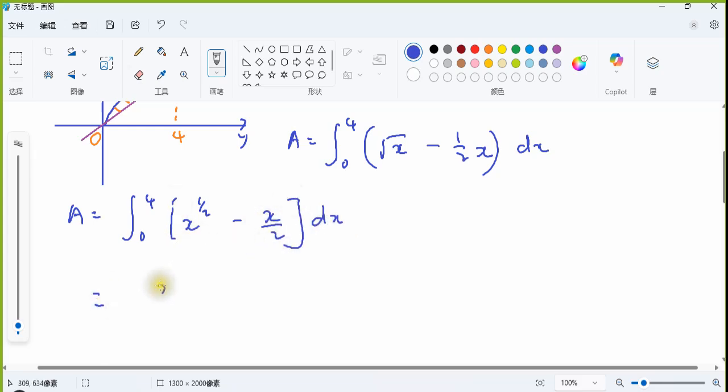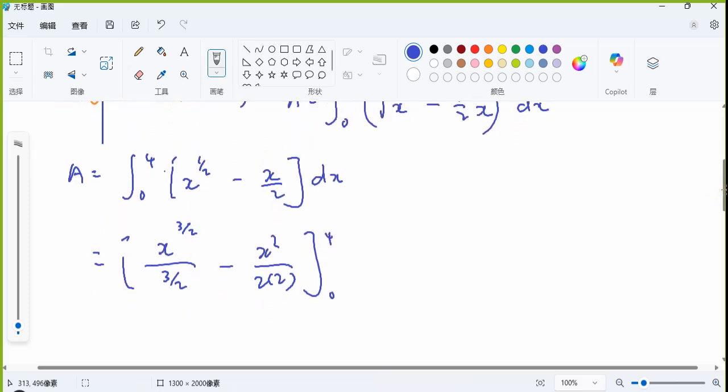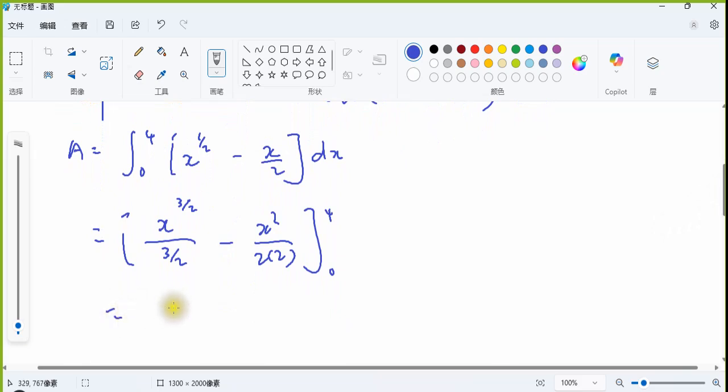Then it will be x to the power 3 over 2 over 3 over 2 minus x squared over 2 times 2, from 0 until 4. Then it is 2 over 3 square root of x cubed minus x squared over 4.